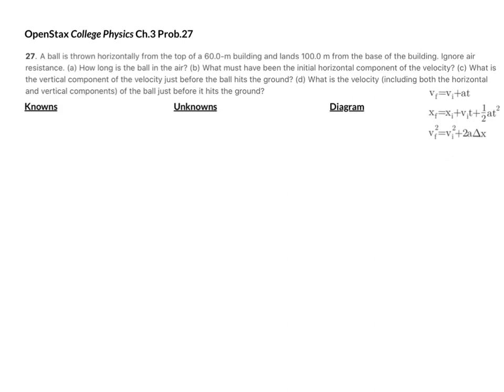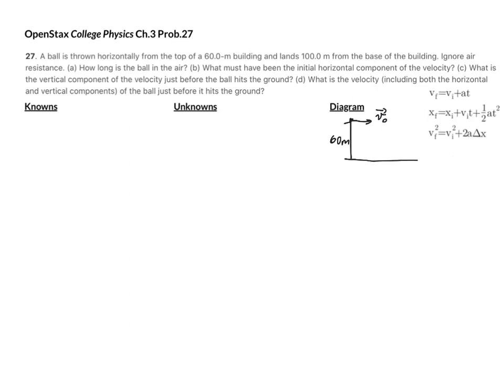There's lots of information here, much of which is not actually given by the problem. It's just stuff that we know from theory. So I will first start out by drawing the diagram. Let's say this is my ground level, and there is this building that is 60 meters tall, and a ball is given a horizontal velocity, so it starts in just the x direction, and I'm going to call this just v naught.